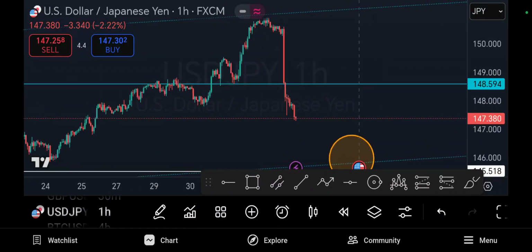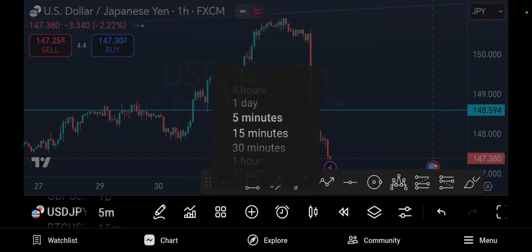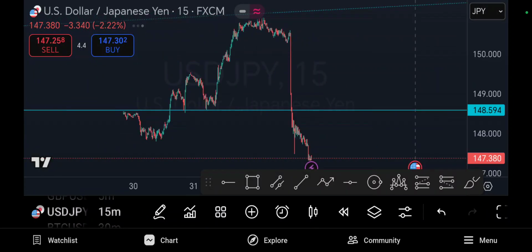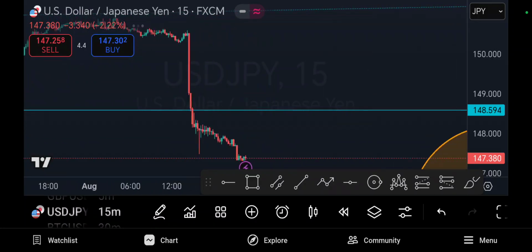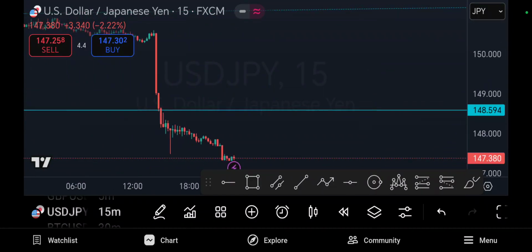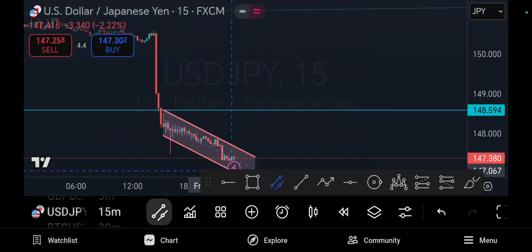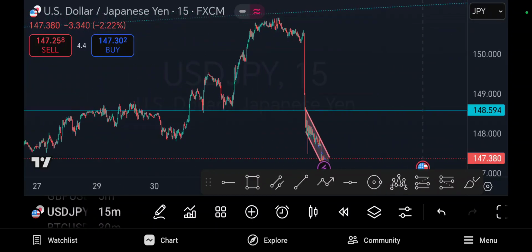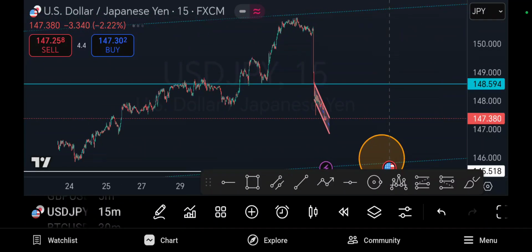Because if I go further down to lower time frames, you can see that it already consolidated also. It already gave us this reversal channel also. So we could actually be expecting the buys to come in sooner than anticipated.